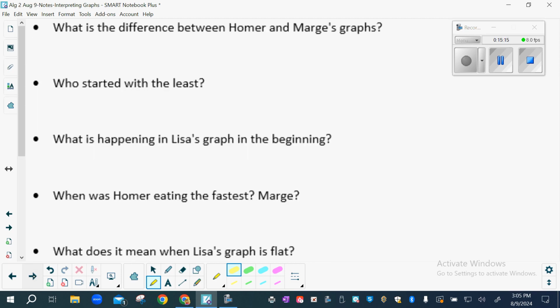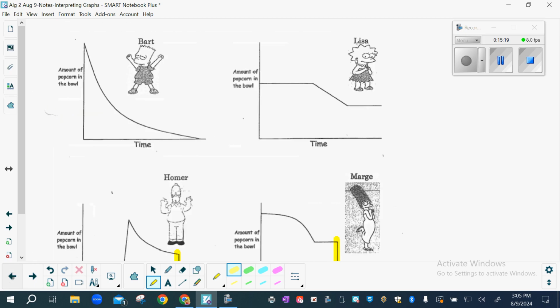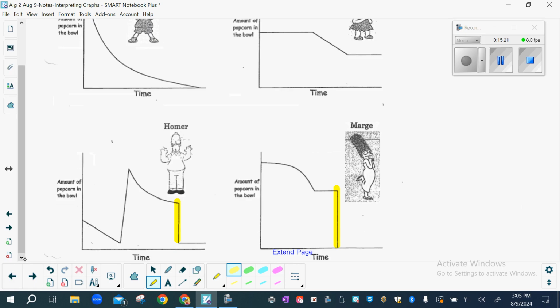Okay, and then what's the difference between Homer and Marge's graphs? So there's a really big difference between them. What's different? He refilled. That's right. So he must have refilled his popcorn bowl at some point.